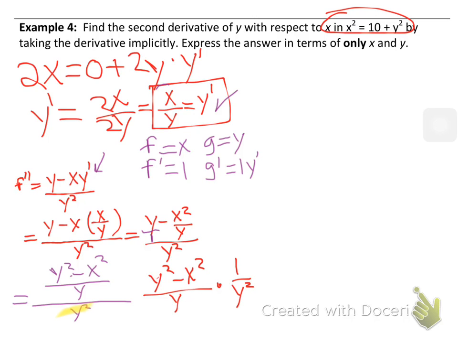So now if we put it all together, we can multiply the denominators y squared times y, and ultimately we get our final answer.